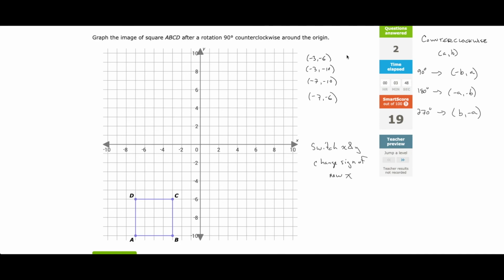So we're going to switch these. And change the sign of the new x. So positive, positive, positive, positive. And then we're going to graph that out. So 6, -3, 10, -3, 10, -7, and 6, -7.